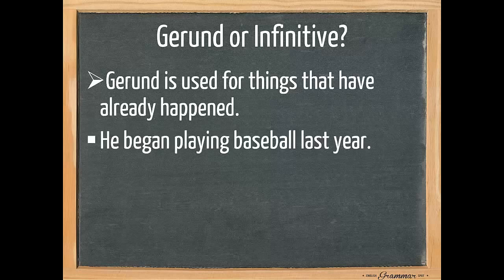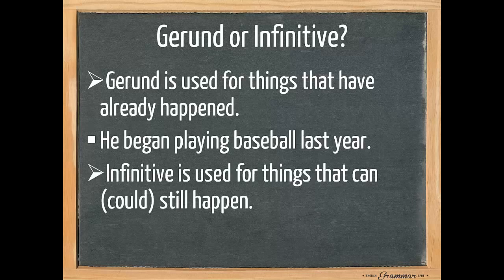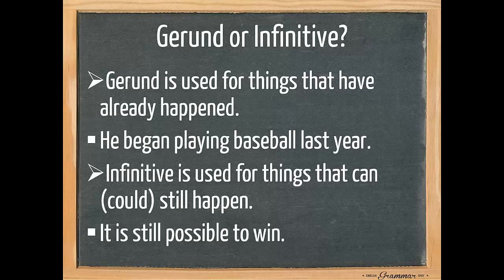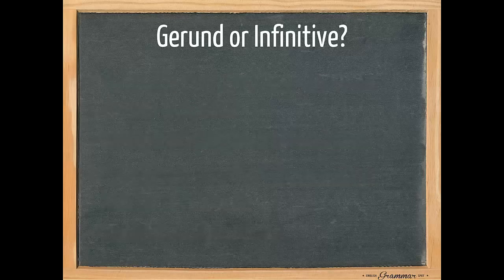For example, he began playing baseball last year, as opposed to the infinitive, which is used for things that can or still happen. So it is still possible to win, or he will begin to play baseball next month, for instance. So that's generally the difference then between the two.